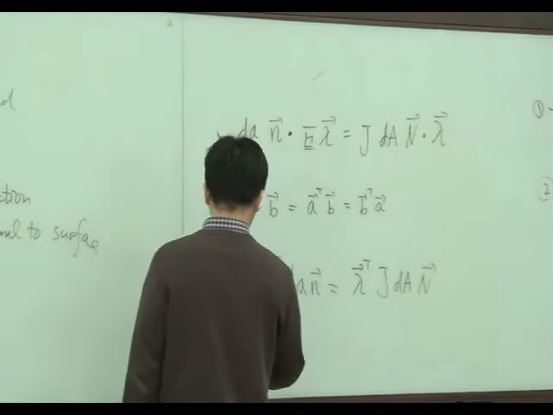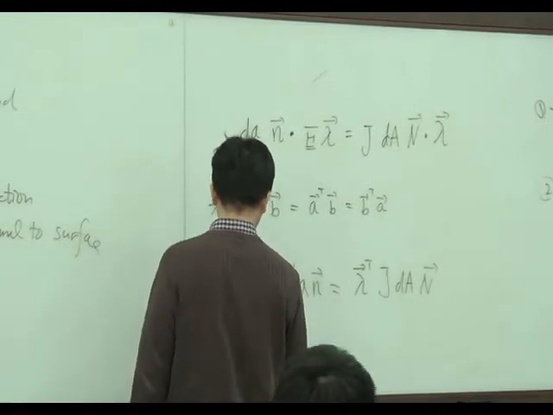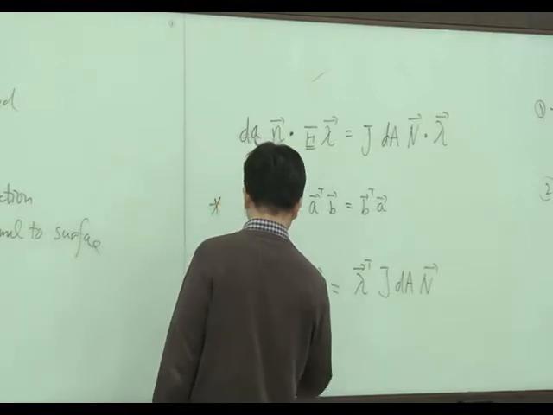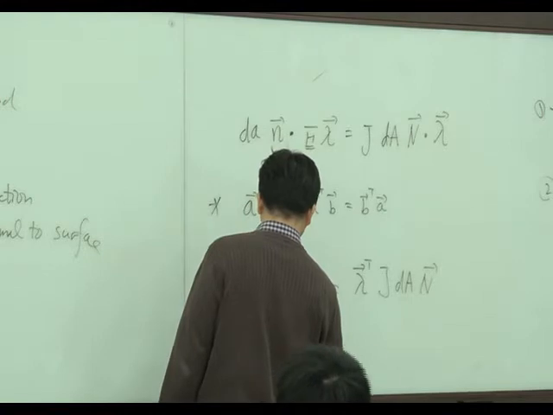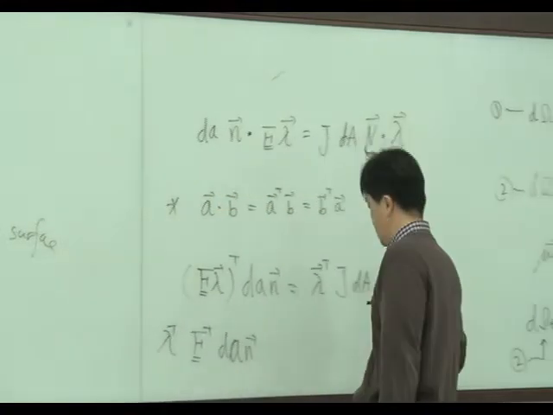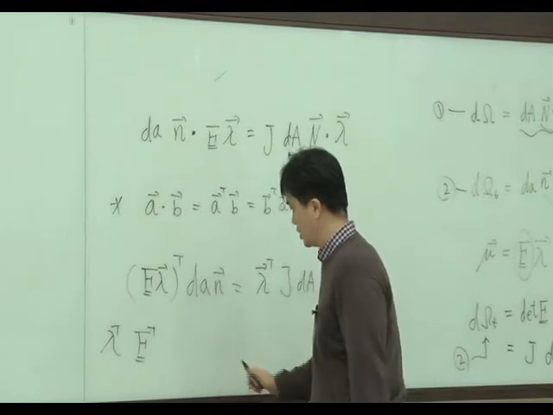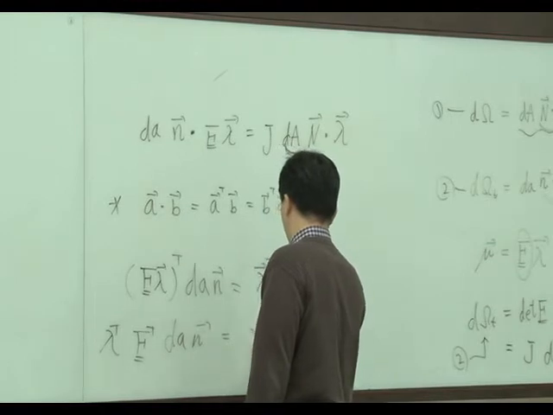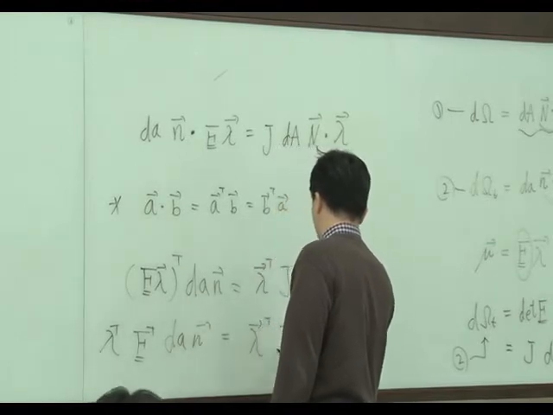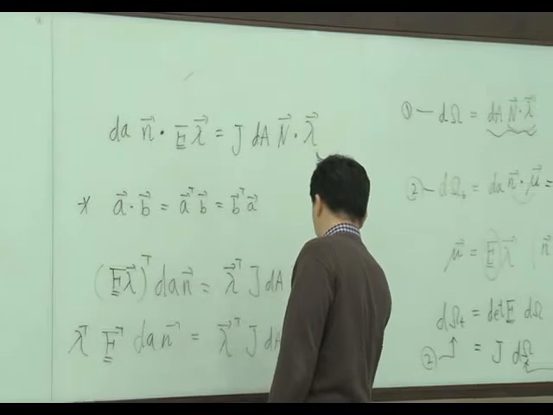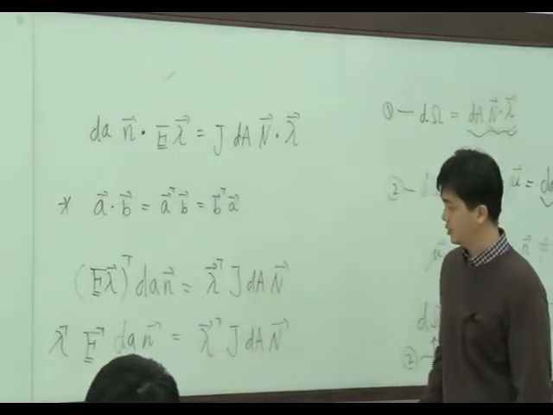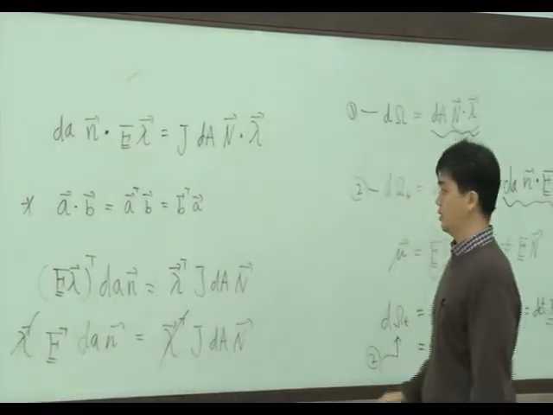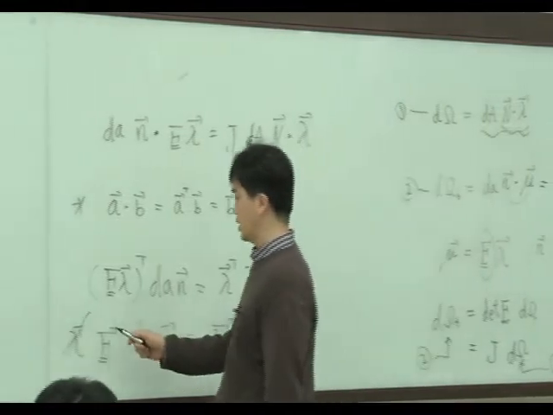And the left-hand side is lambda transpose F transpose da n. So the equation just looks a little bit complicated, but you can follow the procedure. Okay, so here we can delete lambda on both sides.